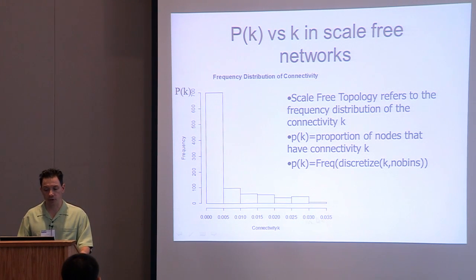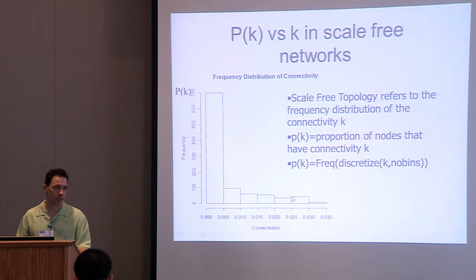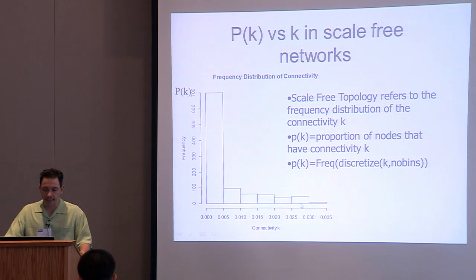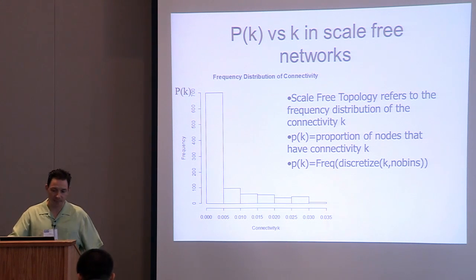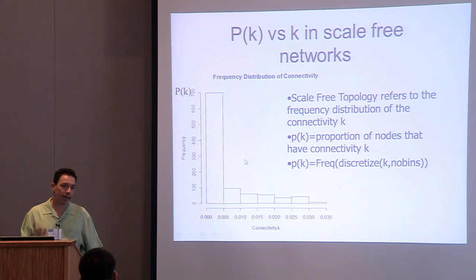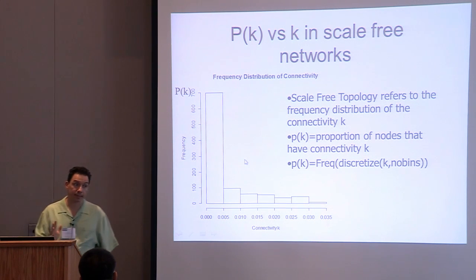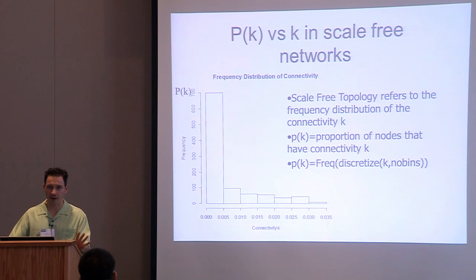The x-axis shows the connectivity and the y-axis shows the frequency of the connectivity. Often when one plots this frequency plot, you see a highly skewed distribution. To make a very rough statement, when you have this highly skewed distribution, we say the network is approximately scale-free.